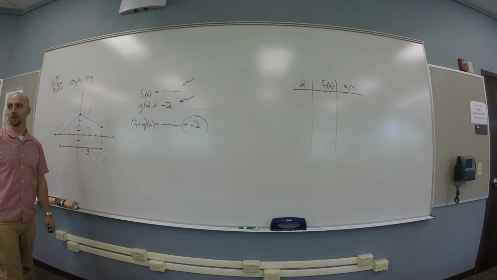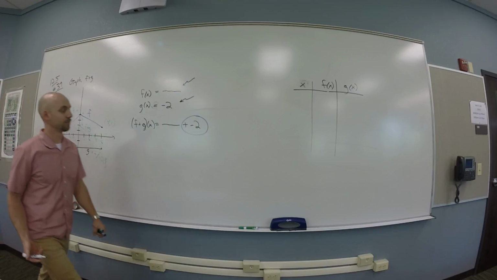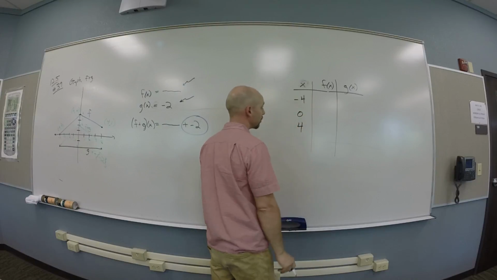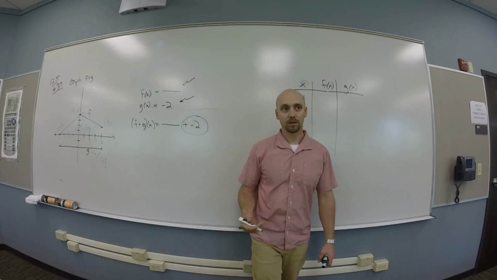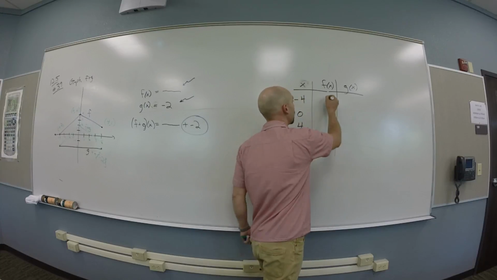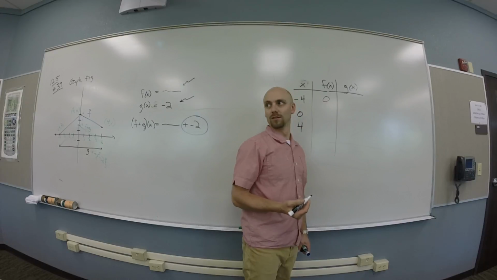So what are the x's that go with those 3 points? -4, 0, and 4. So what's f of -4? What's the output that goes with -4? 0. 0 under f, and under g, -2.